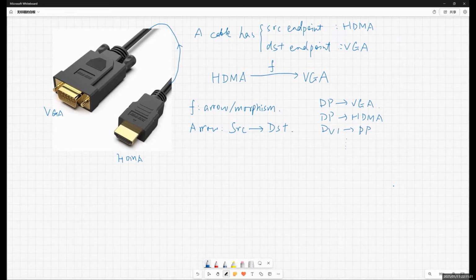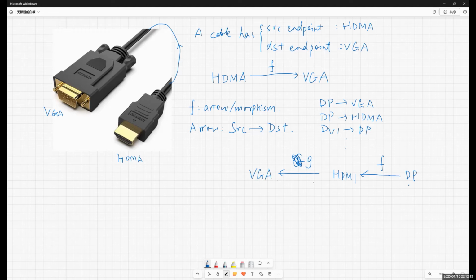Suppose we have, let's write from right to left, F and G. F is, for example, from DP to HDMI, and G, we should lower G, G is from HDMI to VGA.